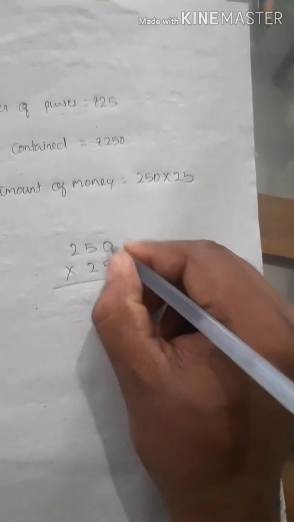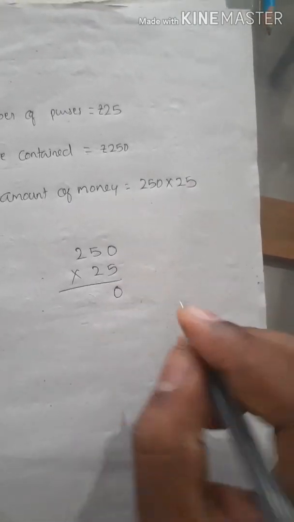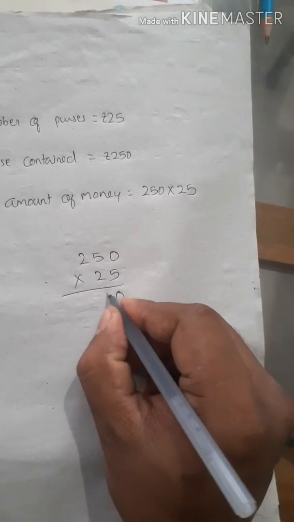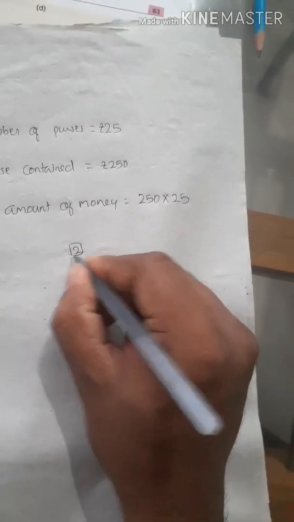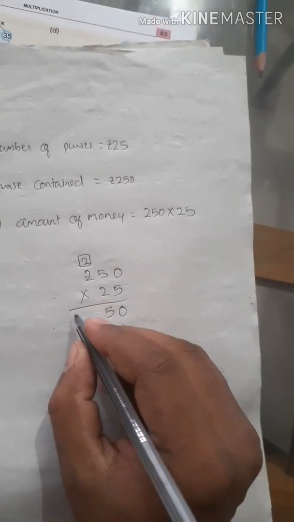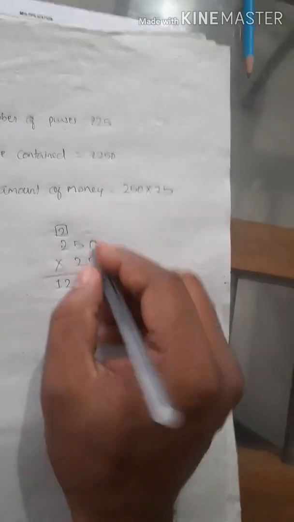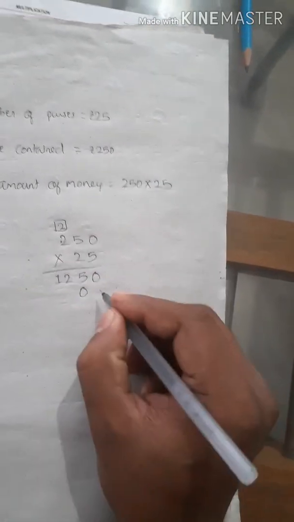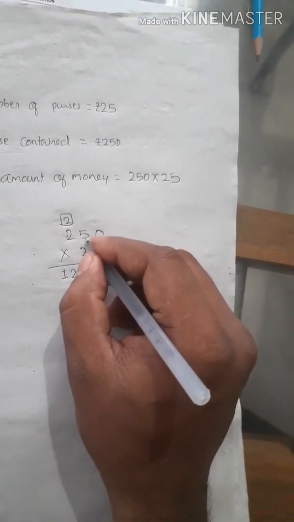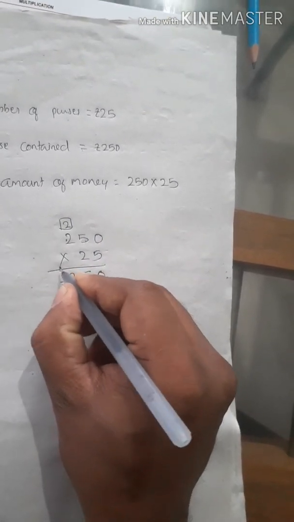25. First ones column, 5 zeros is equal to 0. 5 5s are 25. 2 is carried forward to the next column. Then 2 5s are 10. 10 plus 2 is 12. Next 0. Next column 5 into 2 is 10. 1 is carried forward to the next column.